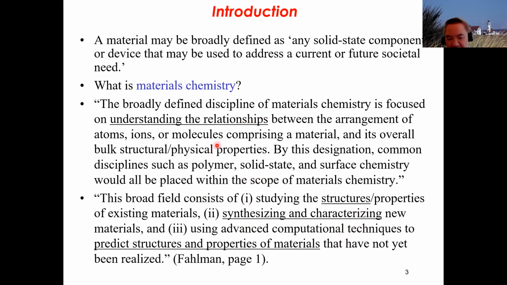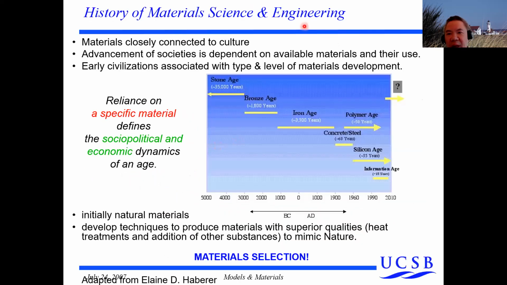One of the things we think of, from a historical perspective, is that materials are intrinsically connected to culture, and advances in society are dependent on the availability of materials and their use.